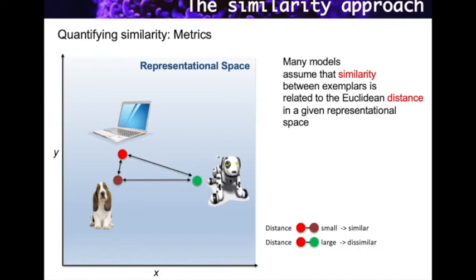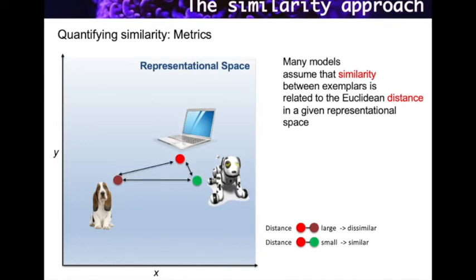In that case, we would infer that the computer and the real dog are more similar than the computer and the robot dog. Whereas in other cases, or in other participants, we would find that the computer is closer in distance to the robot dog than to the real dog. And in that case, the opposite conclusion would be taken.